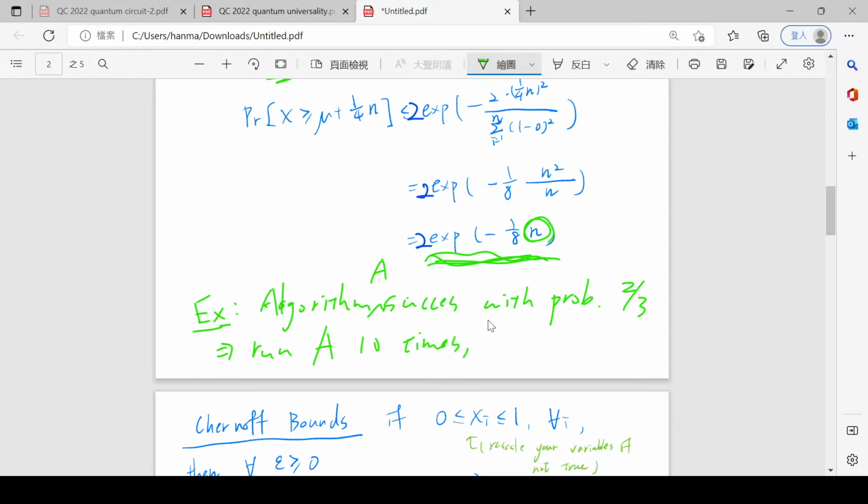It's more complicated to write it here, so I won't write it in detail.